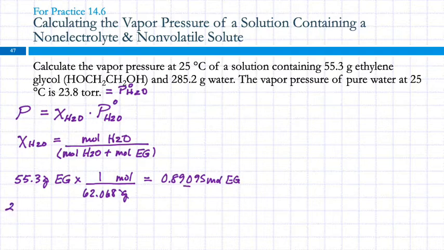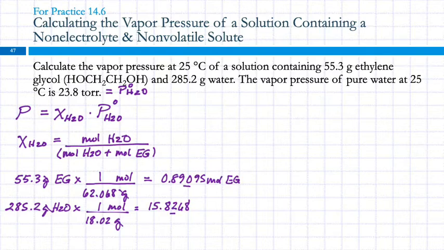And 285.2 grams of water, and I'm going to use its molar mass to convert to moles of water. So the grams cancel out. 285.2 divided by 18.02. 15.8268 moles of water.